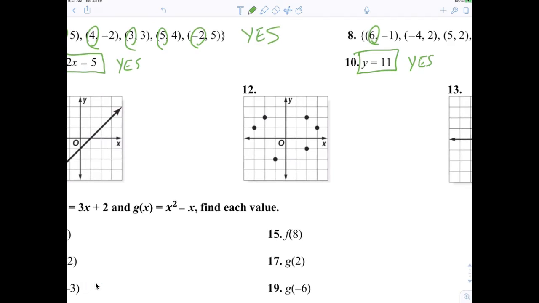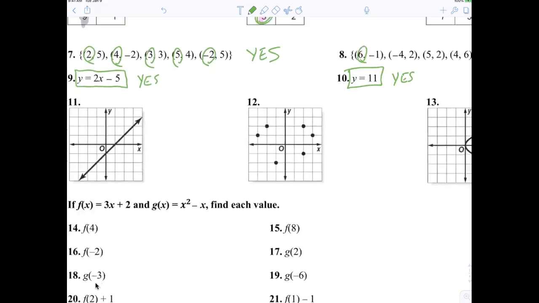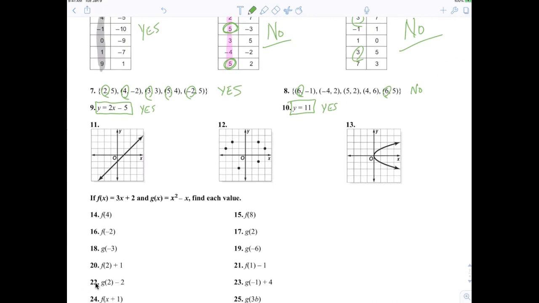I'll be able to explain that more, I think, in chapter 3, maybe chapter 4, where we start graphing lines. No, I'm not going to make you do that. That's just a fact you're memorizing. You don't have to know. I'm just giving you information. I don't think it's a fair question because we haven't discussed how to graph a line yet. And we did it last year, but I'm not expecting you to remember.